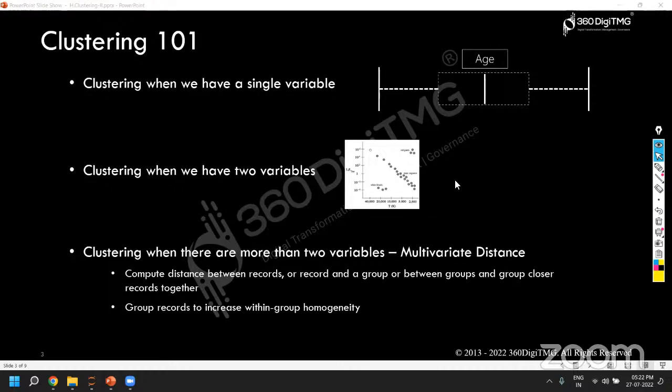Whereas the alternative approach, which is also known as the non-hierarchical approach, will not look at creating any hierarchy. There's nothing like natural grouping here, but we try to group the data randomly and then try to improve within group similarities by an elimination process. So I'll try and group all the, let's say, students together, and I'll look for exceptional students. When I find exceptional students, I'll remove them from the group.